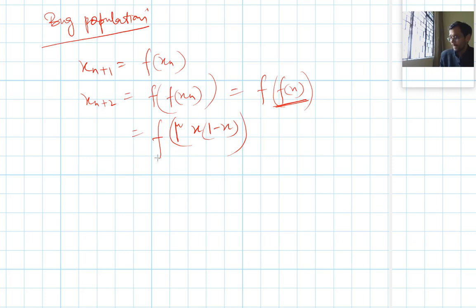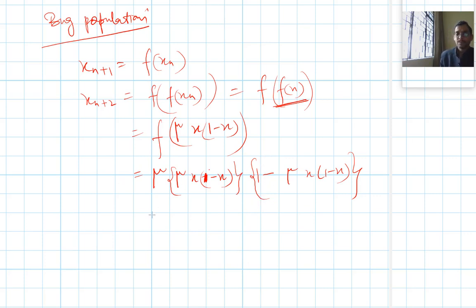So its value will be mu, in place of x we have to write this one, so it is mu x into 1 minus x, into 1 minus mu x 1 minus x. Right, so that's what it becomes now.